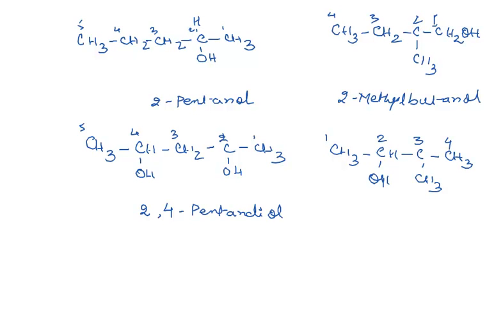So what I'll get is 3-methyl, methyl will be a prefix, so it should be 3-methylpentanol. So the position of the alcohol group has to be assigned. The hydroxyl group position has to be assigned if there are 2, or if your alcohol is present in some other carbon atom.